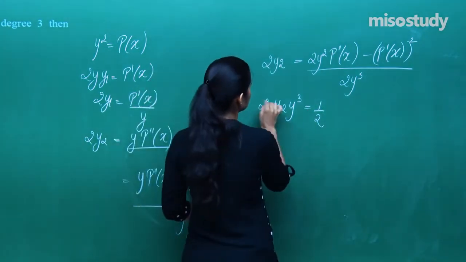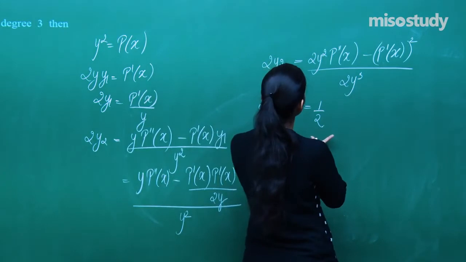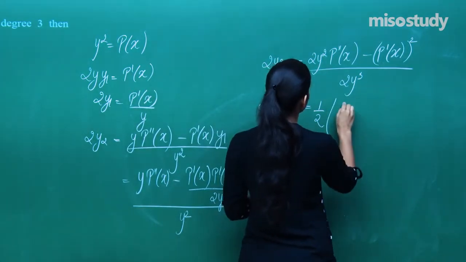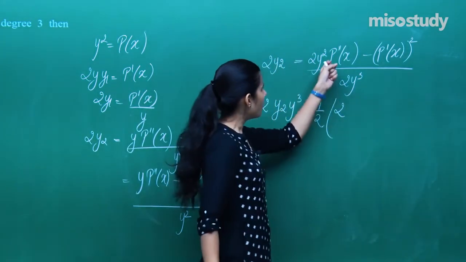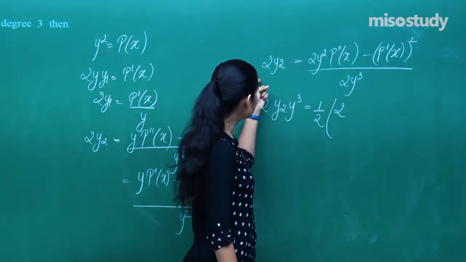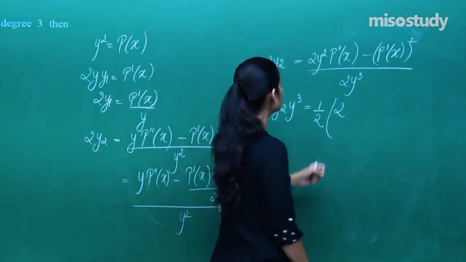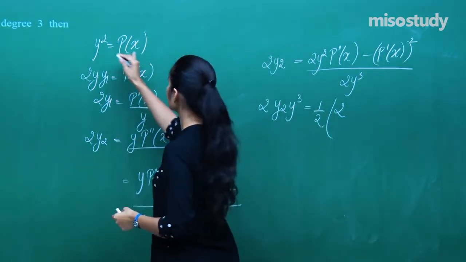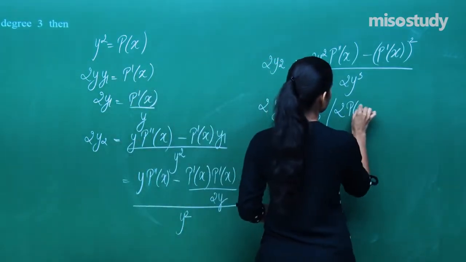Or let me just keep this 2 over here. This is 1 by 2 times 2 y square into p double dash x. So I have just this, 2y2 y cube is 1 by 2 times this. So what is y square? Y square is given as p(x).